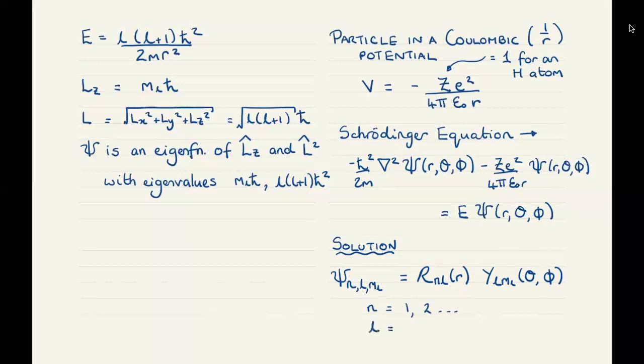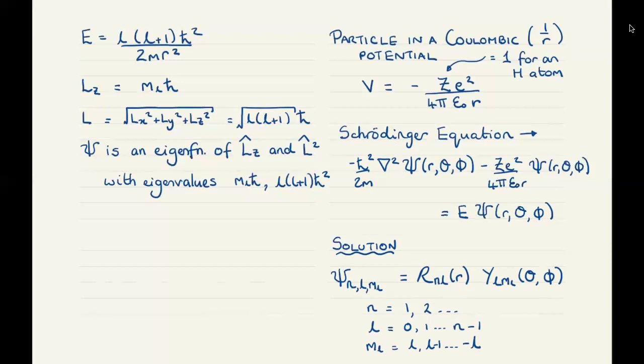The L quantum number runs from 0 to n minus 1 in integers. And the m sub L quantum number, again, runs from L to minus L in integers.